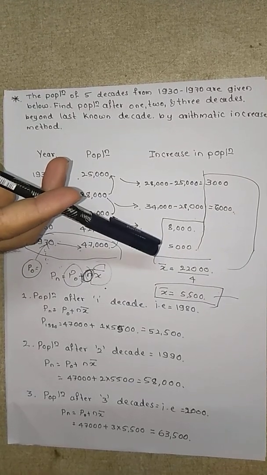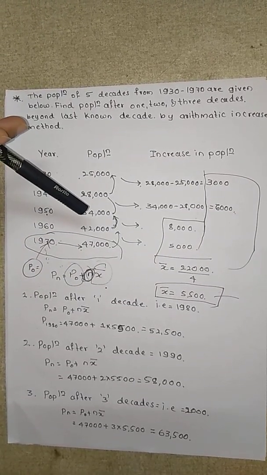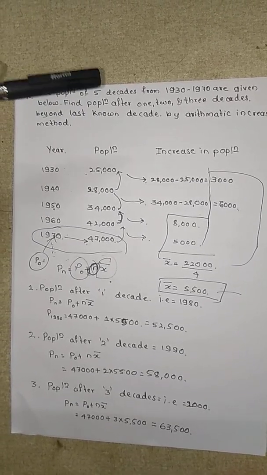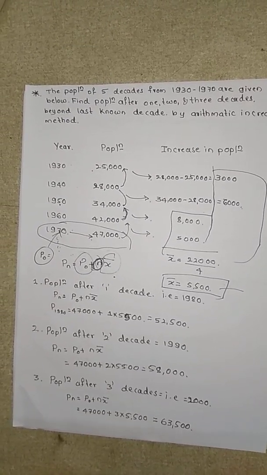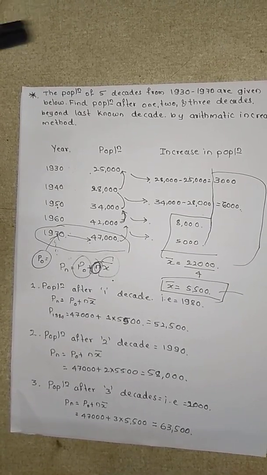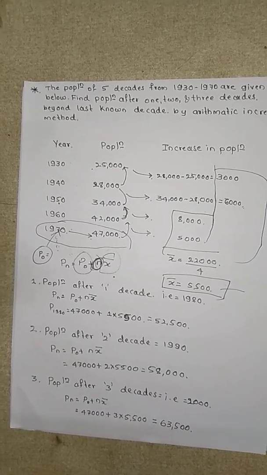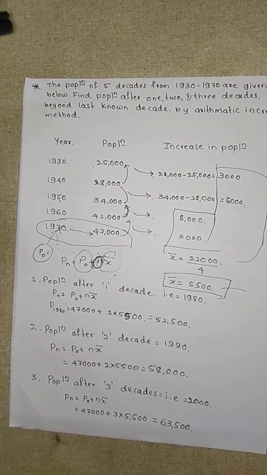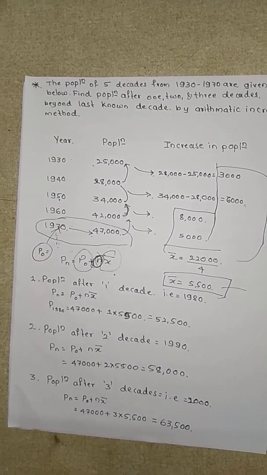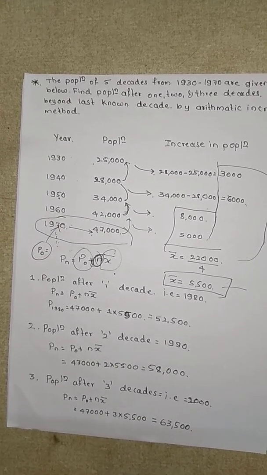The arithmetic x bar you need to determine, P naught you will know, and the number of decades you need to count, and then put the value N. Whatever year they may ask, you just need to count the number of decades, so that will be your N, and directly put that N value into this formula. You can get whatever population you want. There is no need to do it step by step.